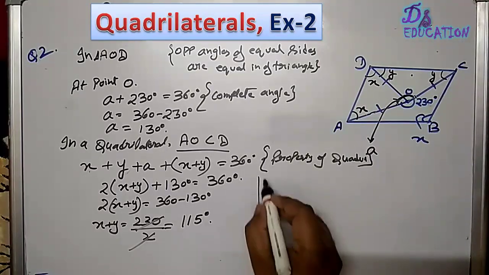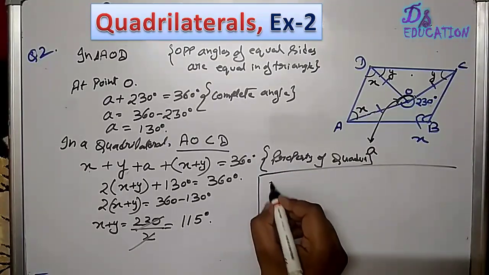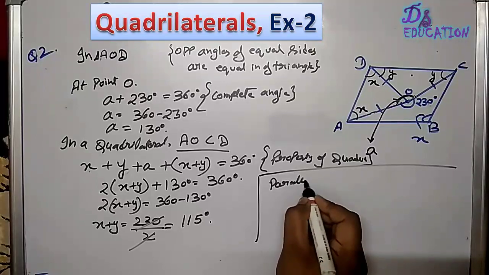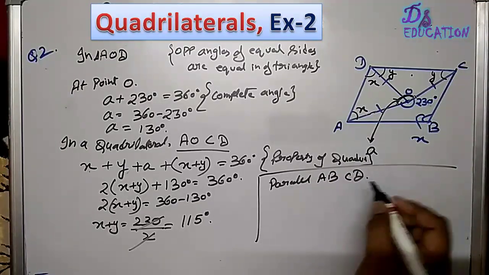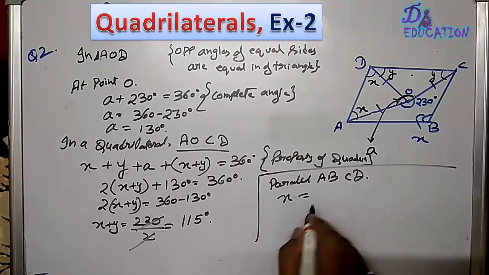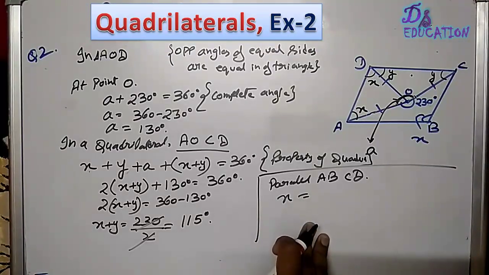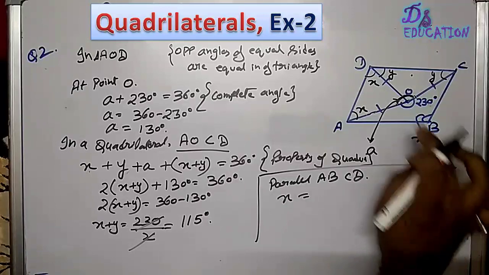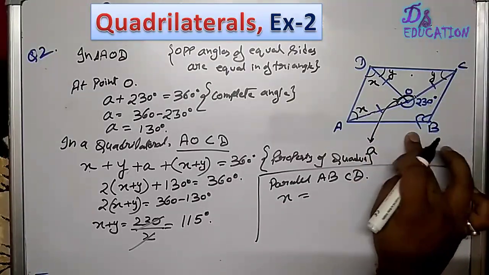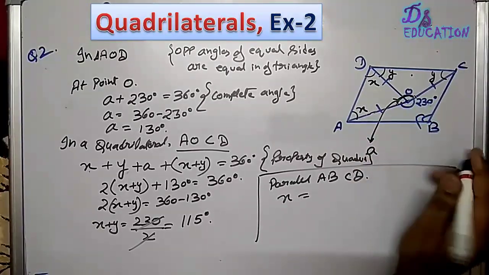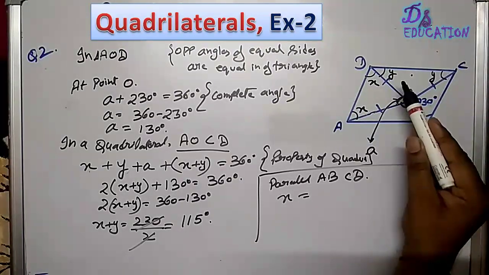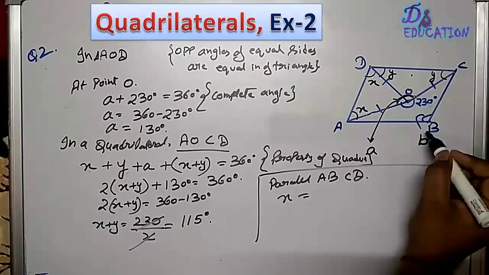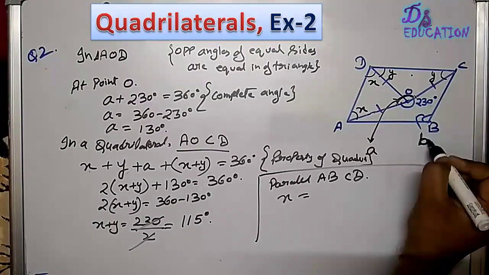Now if we talk about parallelogram ABCD, x is equal to, okay, already I have taken x over here, the variable, so I am taking this as B. It will help me.